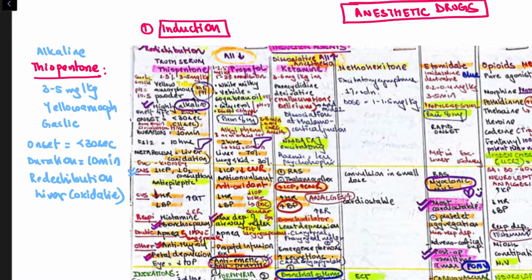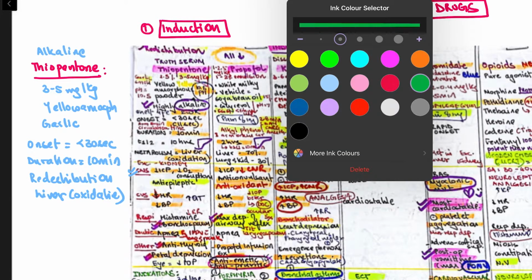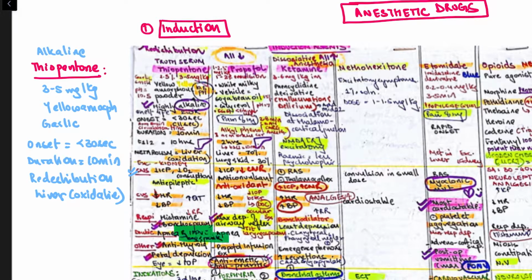If that happens, then all you have to do is treat it with IPPV, that is intermittent positive pressure ventilation with bag and mask. Then other effects are that it is an antithyroid. It causes fetal depression, and since in brain it was causing decrease in intracranial pressure, it also causes decrease in intraocular pressure in the eye.